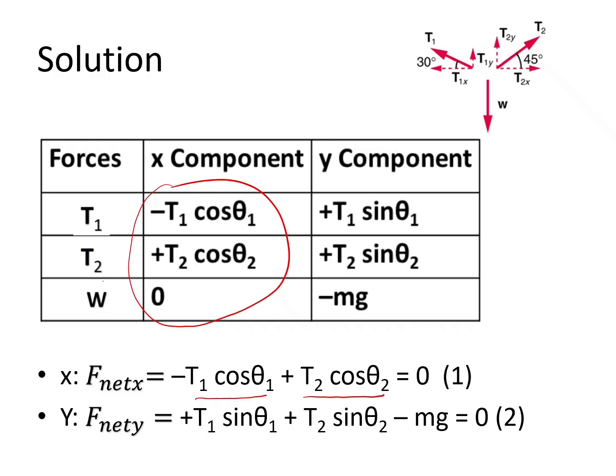The net force in the y direction equals T1 sine theta 1 plus T2 sine theta 2 minus mg, and that equals 0. This is the equilibrium condition for the y direction. Now we have two equations and two unknowns. So the next step is to solve these two equations to find T1 and T2.